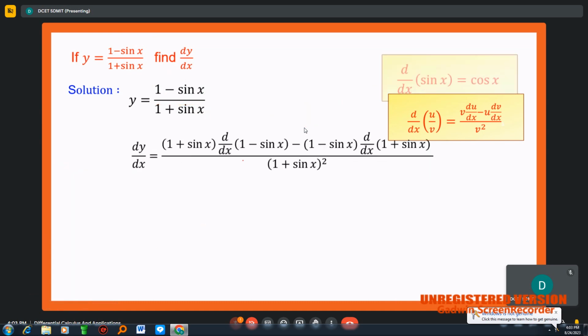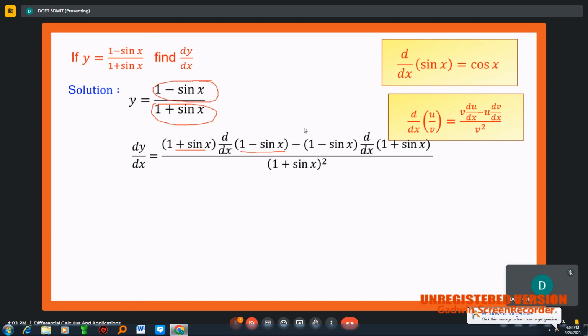See here, now the denominator 1 plus sin x is kept constant, times the differentiation of the numerator 1 minus sin x, minus the numerator 1 minus sin x kept constant times the differentiation of the denominator, divided by the denominator whole square. 1 plus sin x stays as it is.